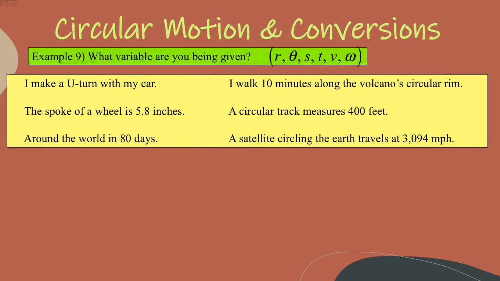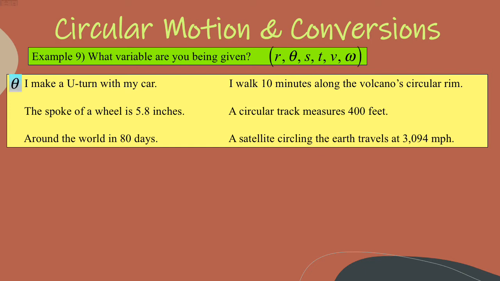In example 9, we are given 6 sentences that deal somehow with a circle, and we are to determine which variable we are being given: r, theta, s, t, v, or omega.